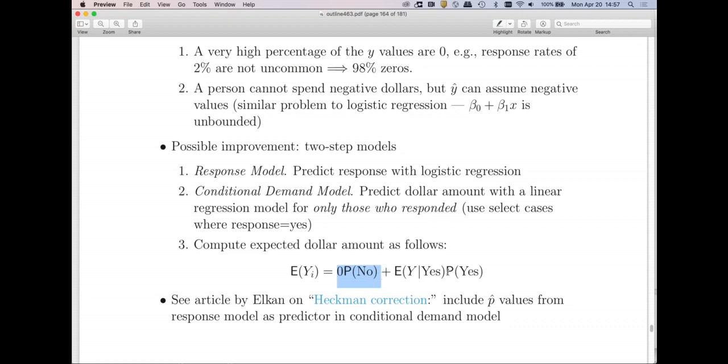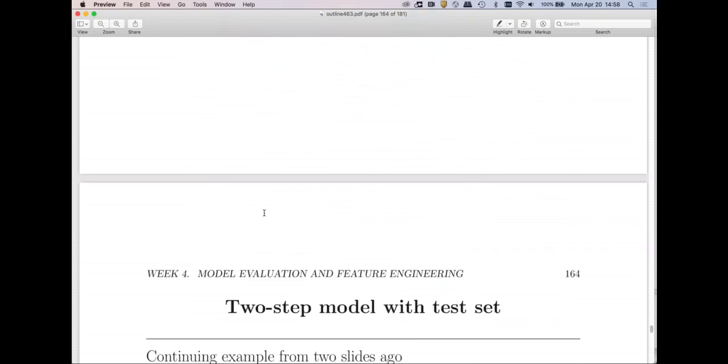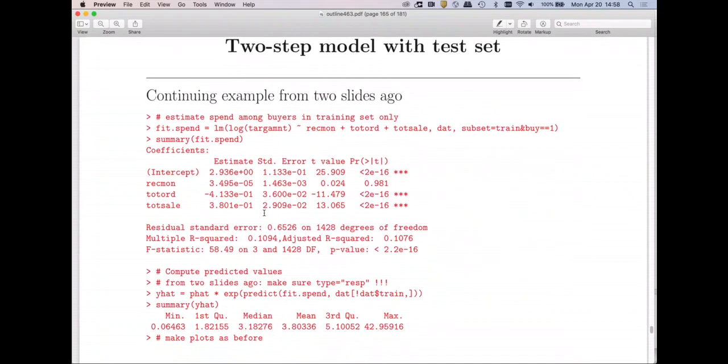Okay, plus here's the probability that you buy times the expected value of your spend given you buy. So think of this as the predicted probability from the logistic regression times the expected spend from the conditional demand model. Now there's an article that I linked to here if you want to read more about these and further refinements. This is often a way to improve the model.